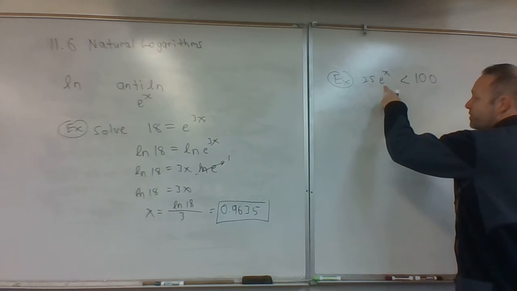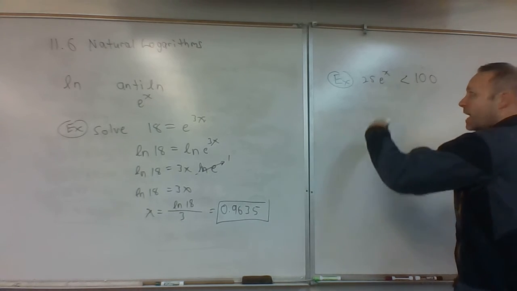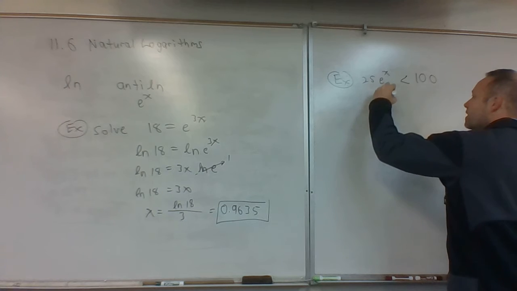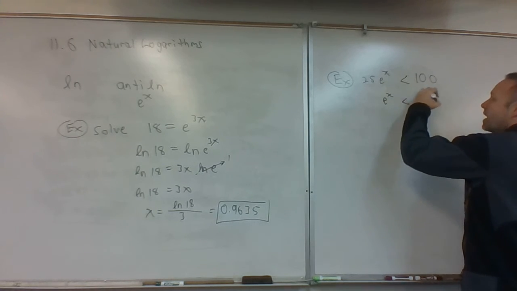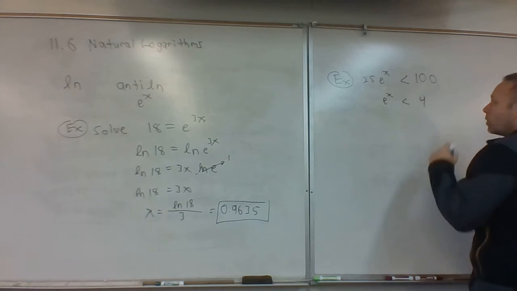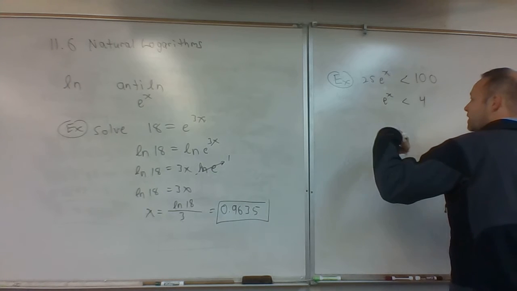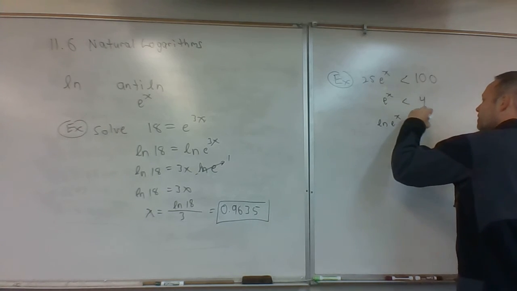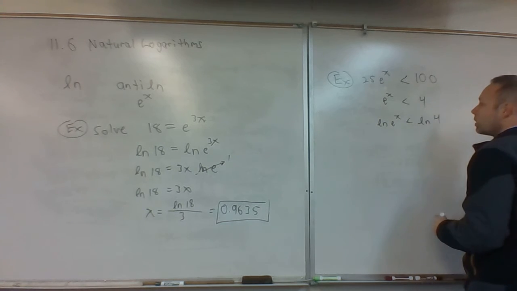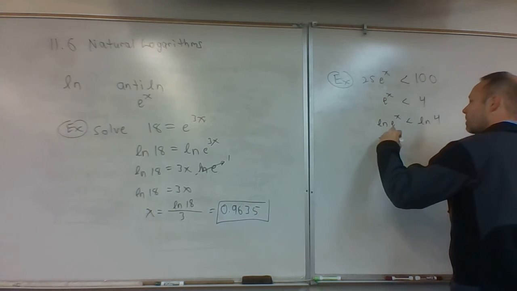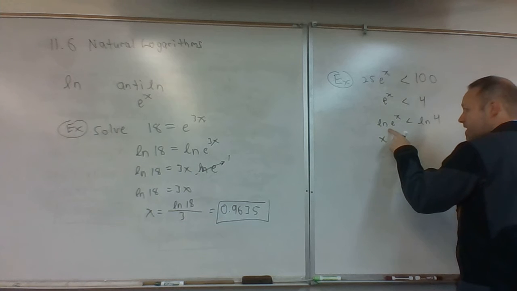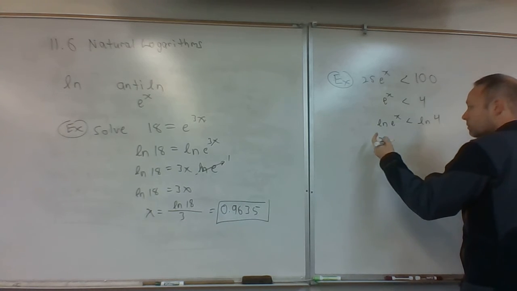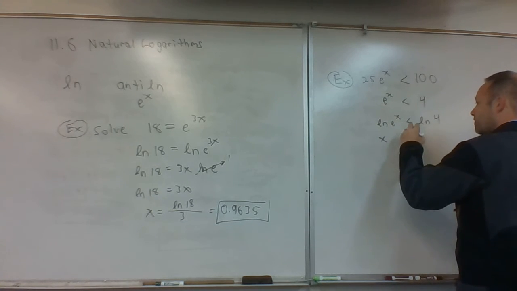We can isolate this e to the x expression by dividing both sides by 25. That gives us e to the x is less than 4, right? 100 over 25. Then we take the natural log of both sides: natural log of e to the x is less than natural log of 4. Power rule, x comes out. Natural log of e is 1.